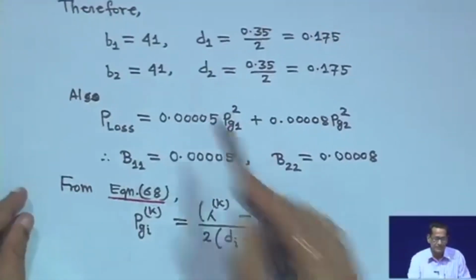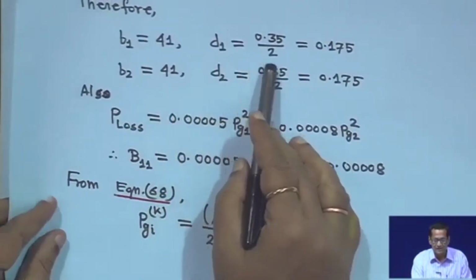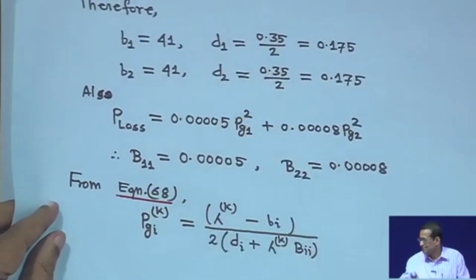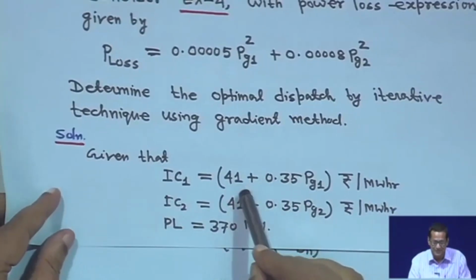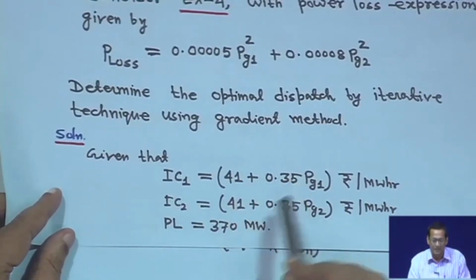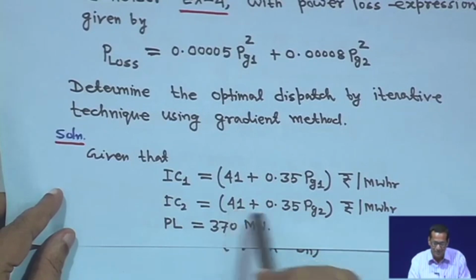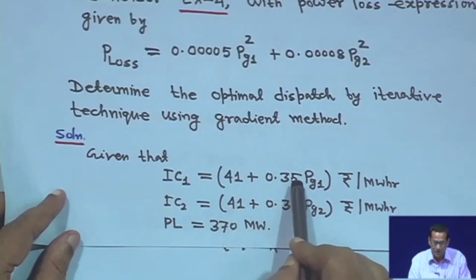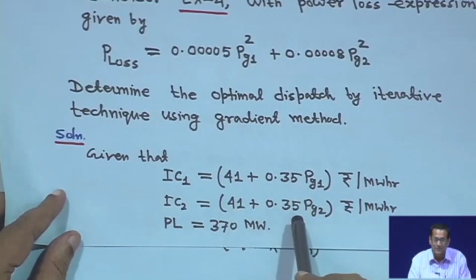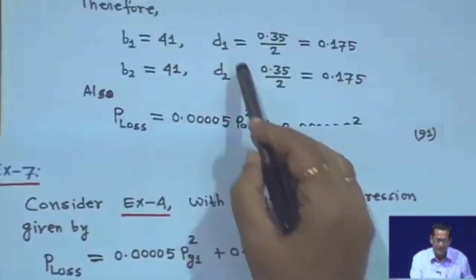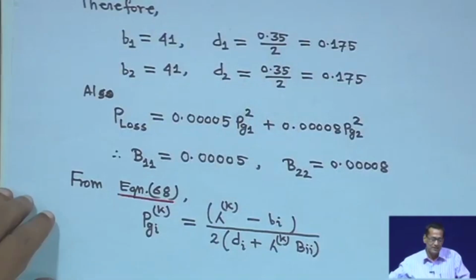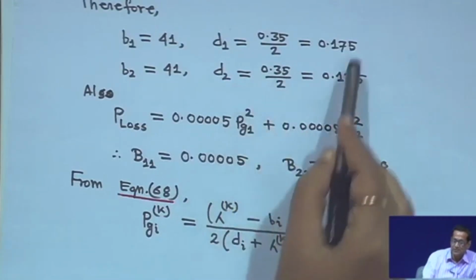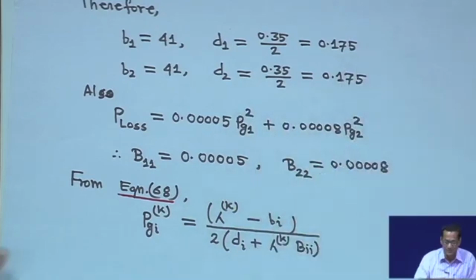That means B1 is equal to 41 and D1 is equal to 0.35 by 2, because when you take the derivative it is B1 plus 2 D1, and B2 plus 2 D2. So 2 D1 is equal to 0.35, here also 2 D2 is equal to 0.35, that is why D1 is equal to 0.35 by 2. Similarly D2 is also 0.35 by 2, that is 0.175, 0.175.